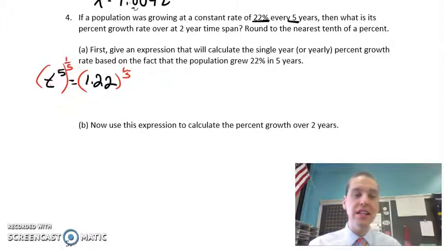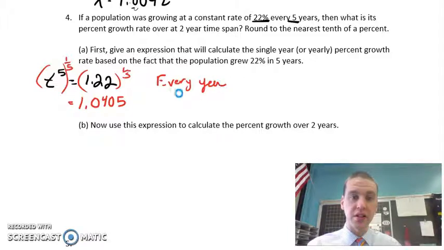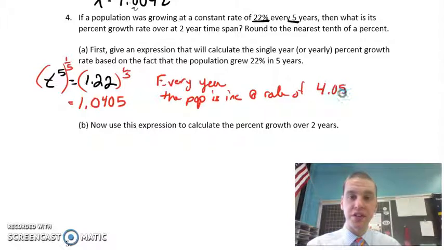When I raised t to the 5th, that was because we had 5 years, and we raise it to the 1/5, we're going to get 1.0405. Meaning that every year, the population is increasing at a rate of 4.05%.